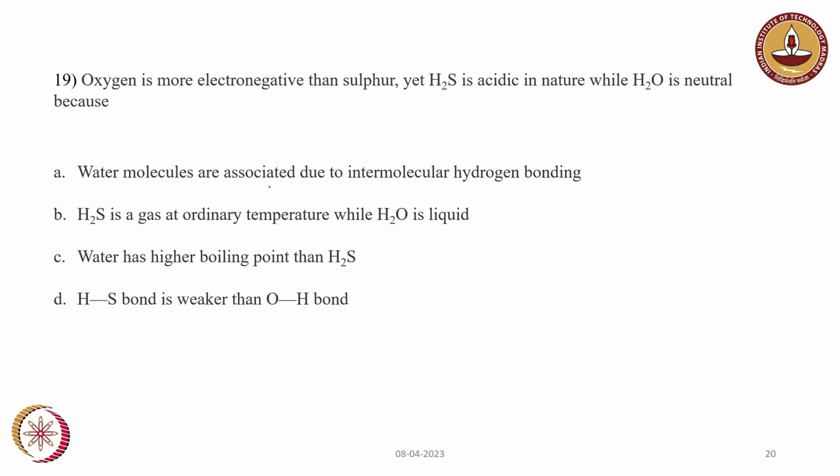First is water molecules are associated due to intermolecular hydrogen bonding. So this is not a reason for H2O being neutral. Intermolecular hydrogen bonding is due to the higher electronegativity of oxygen. So it polarizes the OH bond, so delta plus and delta minus will be present.